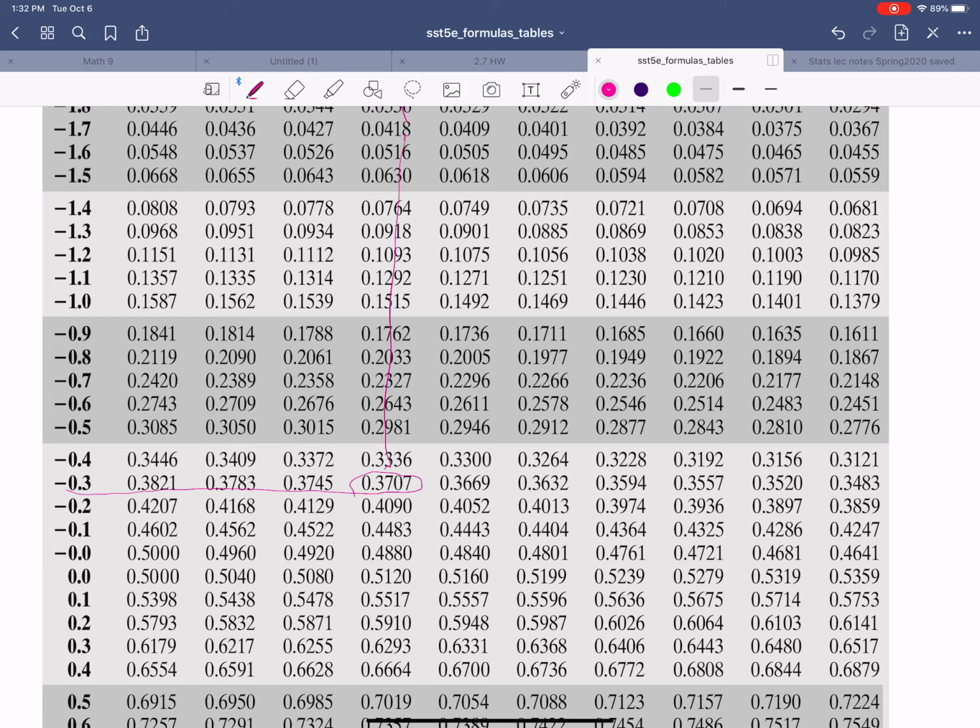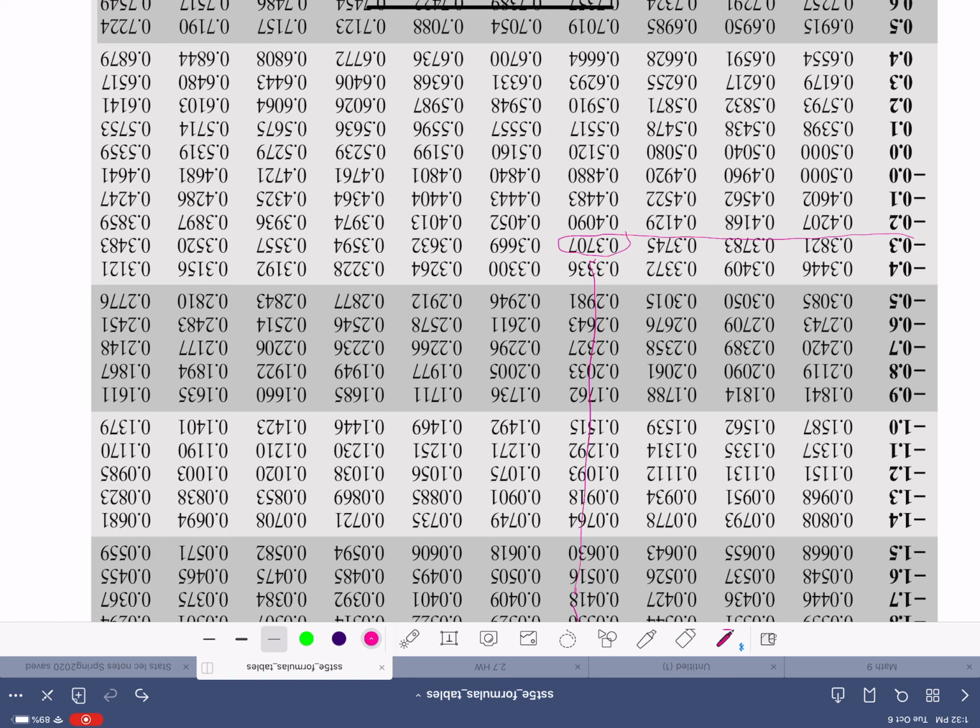Check with the calculator. For the area to the left of, you can use normalcdf on your calculator. I'm looking for the area to the left of negative 0.33, so the lower bound is -5 and the upper bound is negative 0.33. That turns out to be 0.3707 if we round to 4 decimal places.